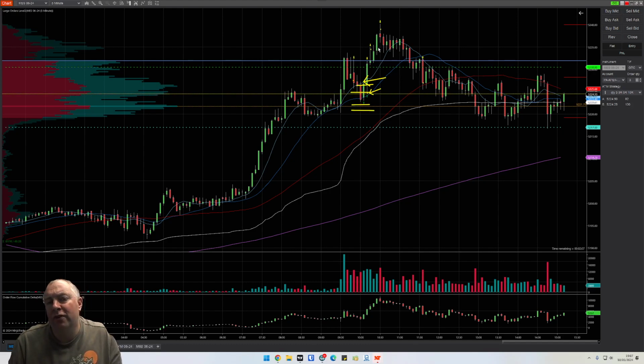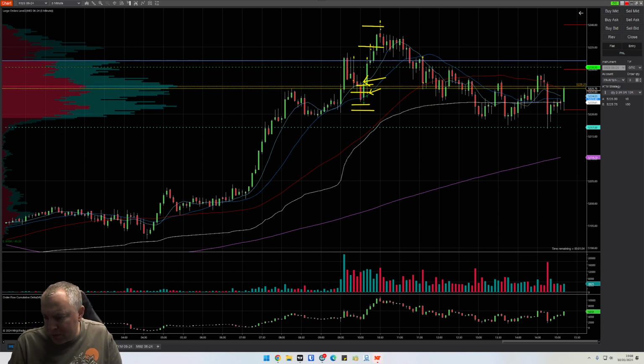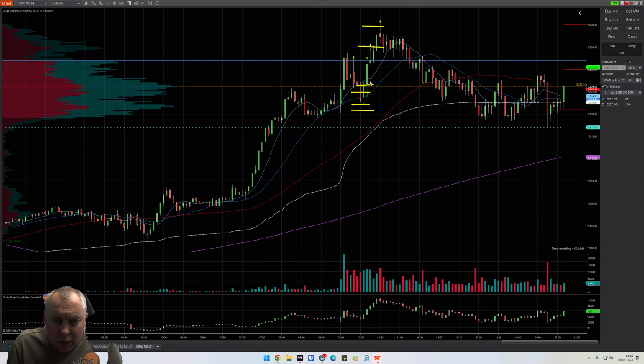Then I have a 30-tick target, a 50-tick target, and a 100-tick target, which is my runner. So you can see I was just whipped out there, but the moment I got whipped out, I was waiting for a re-entry, and my re-entry was just back up here again.